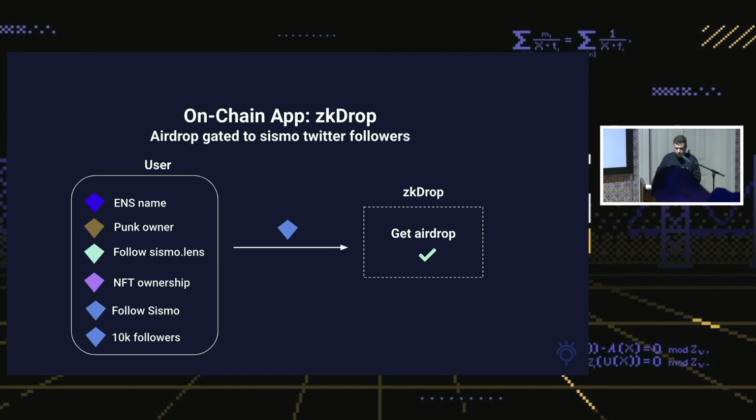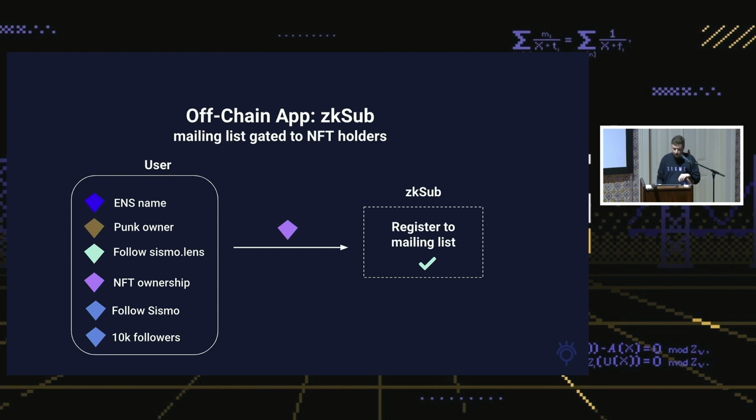The problem currently is that, as a user, you have all this data, it's all merged, and you just want to reveal this specific data. Another example could be that you want to gate a mailing list only to some NFT holders. So you only want to know if the user has this NFT to let them go through your gate.